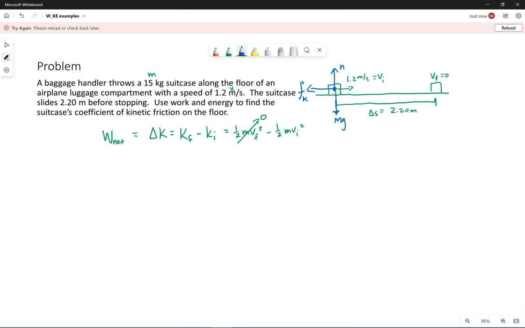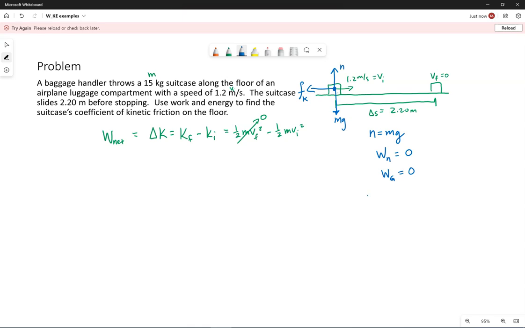We do know, since the floor is horizontal, the normal force will need to equal mg. Neither the normal force nor gravity will be doing any work. So the work done by the normal force is 0. The work done by gravity is 0.